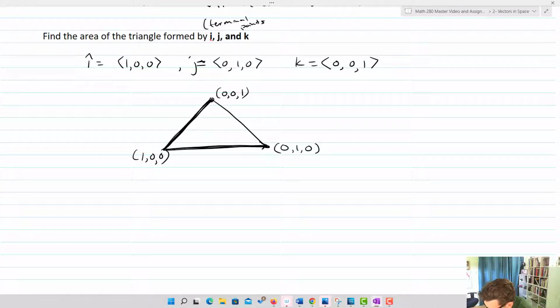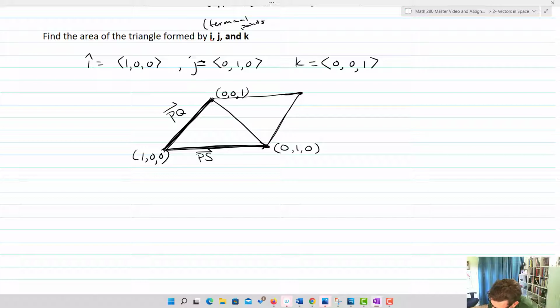You'll notice that this triangle is just half of a parallelogram, formed by the vectors that connect these different points in space. So I'm going to call this vector PQ, and I'm going to call this one here PS.